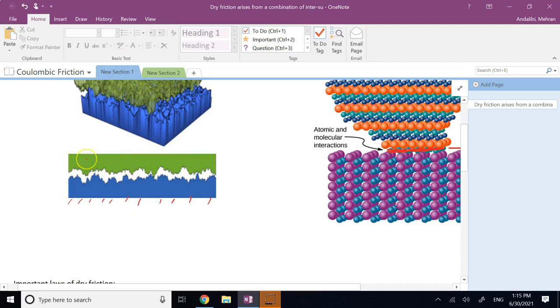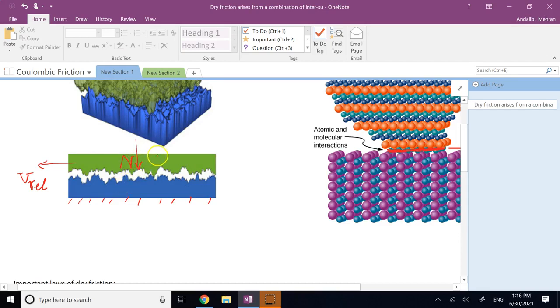When the top surface is moving with respect to the bottom surface, so that is your V relative, there is some load pressing these two objects together. The minimum is the weight of the top part, okay?